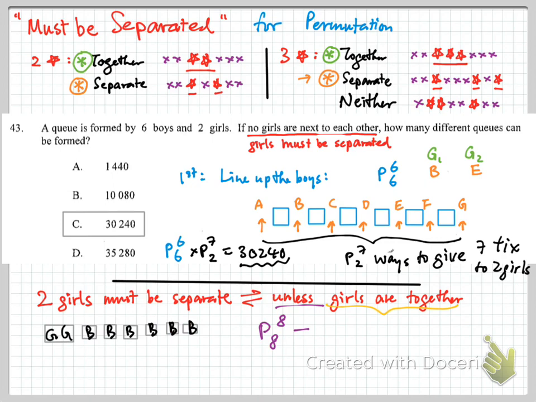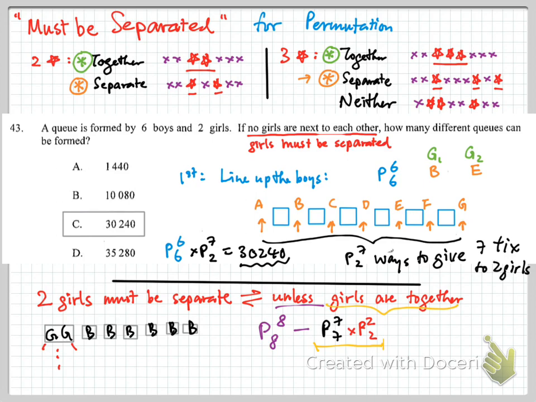So to line up these 7 boxes, we have 7P7 ways to do that. Alright, and then if you open up the box of girls, you can also line up the 2 girls in 2P2 ways. Alright, so the girls are together. That will be this answer, 7P7 times 2P2. That is the number of ways that the girls are together.